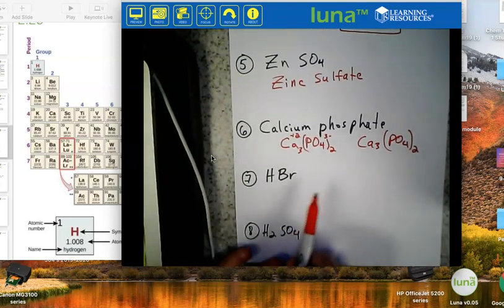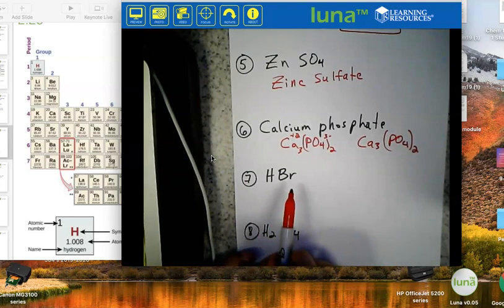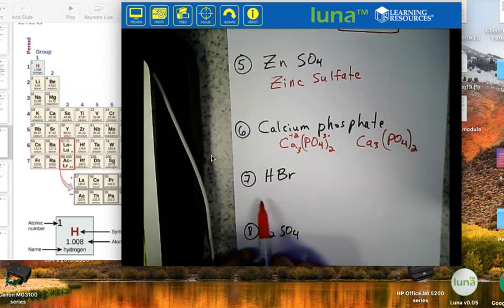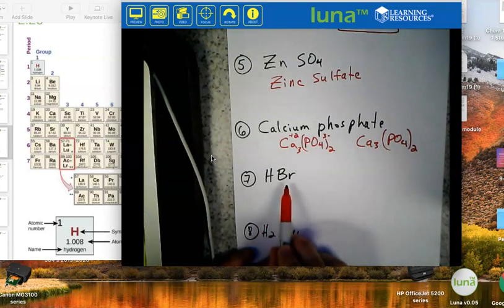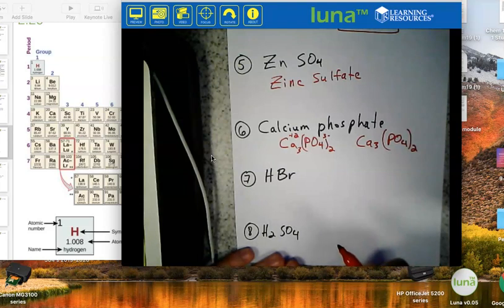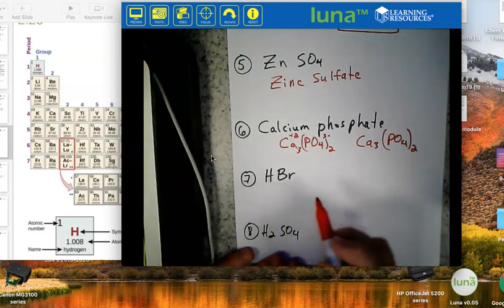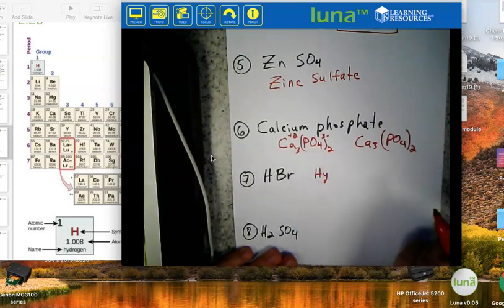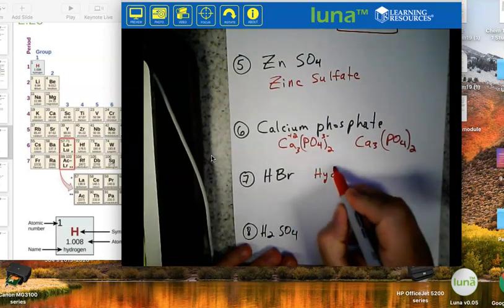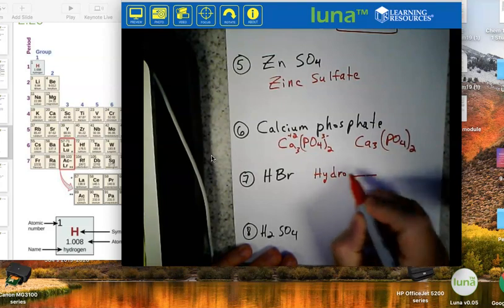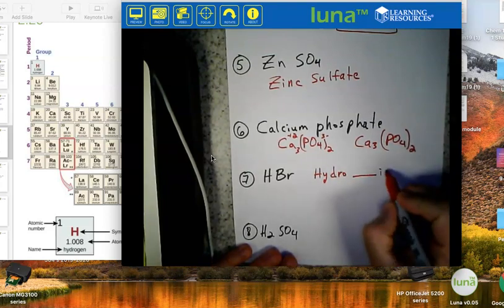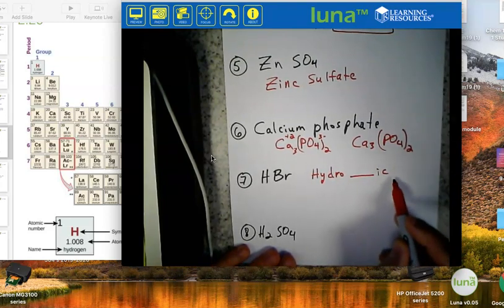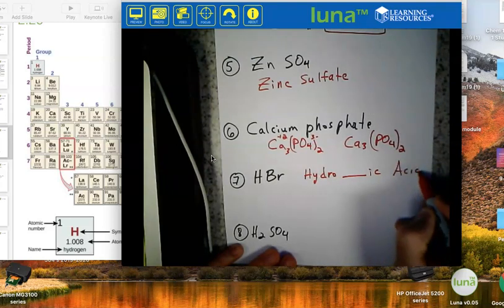So the next formula here, HBr. This is a binary acid, it just has hydrogen and some other element, usually a halogen. So remember, the general form of naming a binary acid would be hydro, and then whatever the anion's name is, and you change the ending to ic, and then acid.